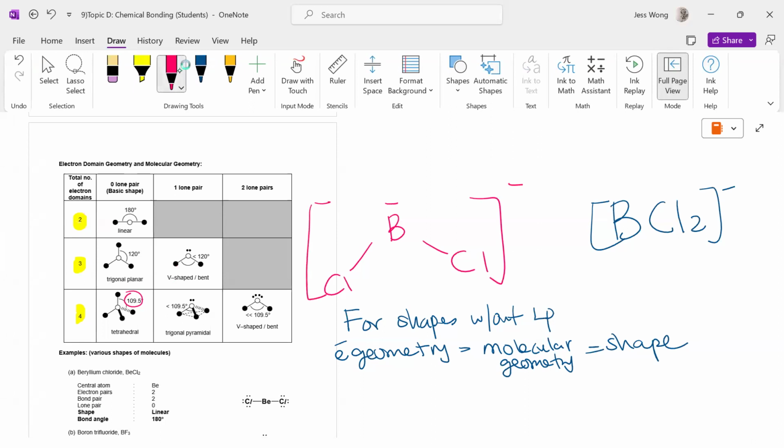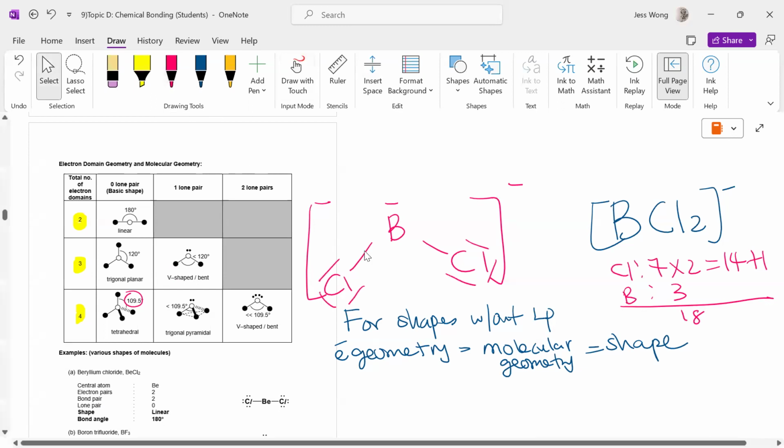Boron has now, the total electrons has increased. So chlorine, 7 times 2, 14, plus 1, so we have 15. And boron will be 3. So 15 plus 3 will be 18.